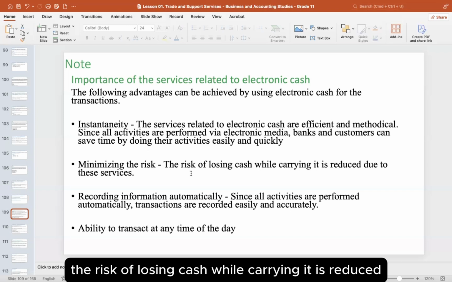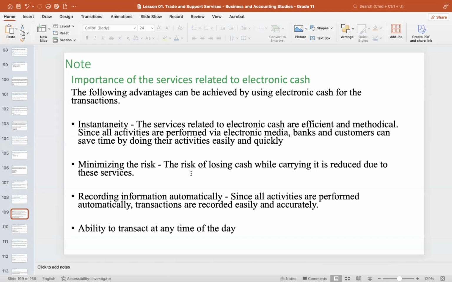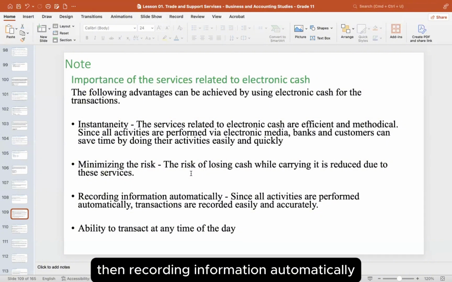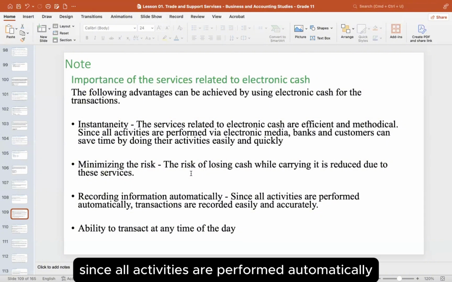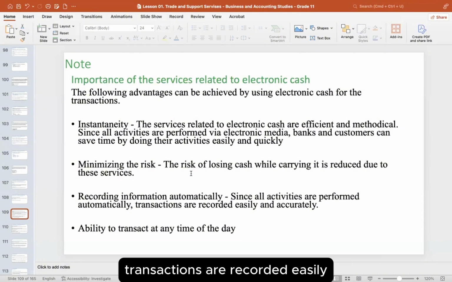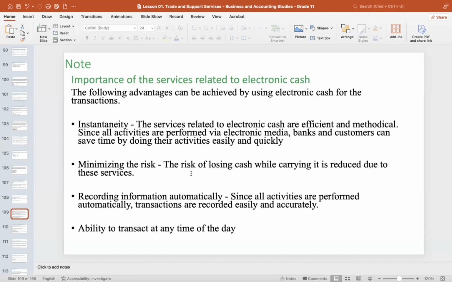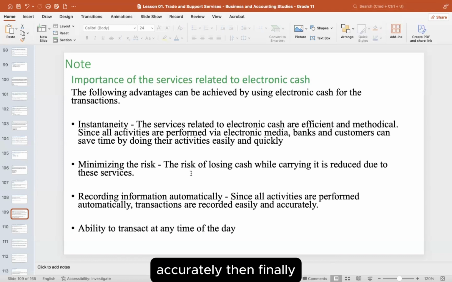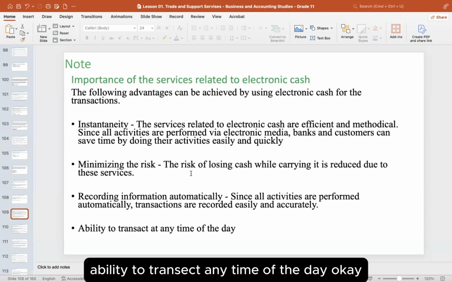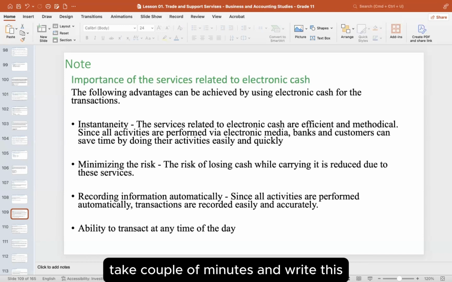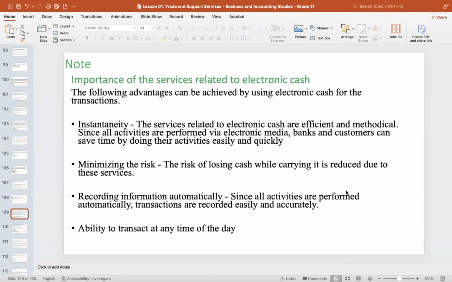The risk of losing cash while carrying it is reduced due to the services. Then recording information automatically. Since all activities are performed automatically, transactions are recorded easily and accurately. Then finally, ability to transact anytime of the day. Okay, take a couple of minutes and write this.